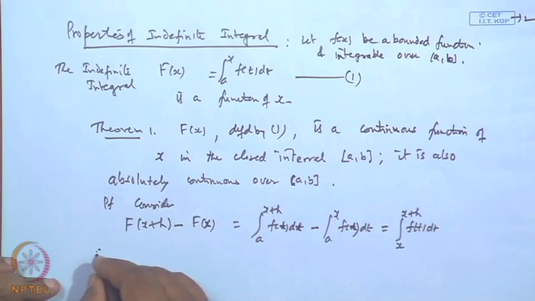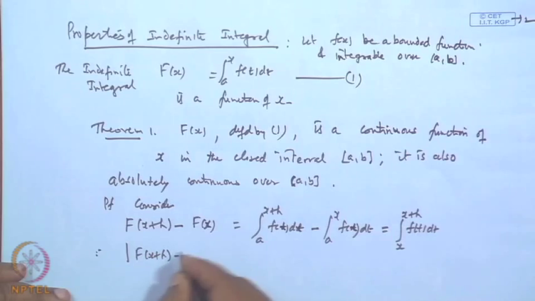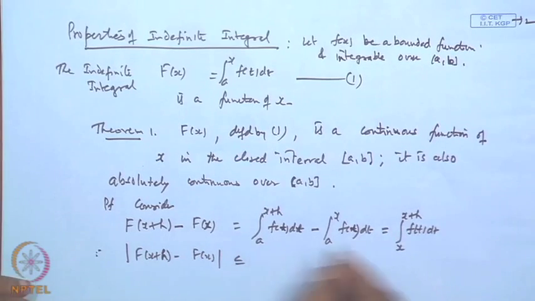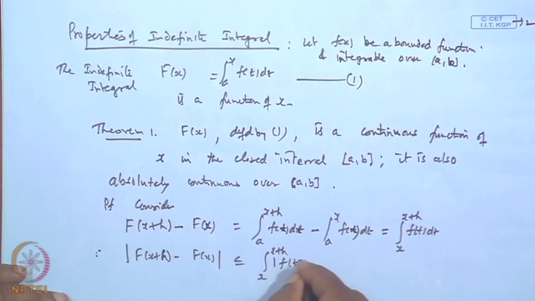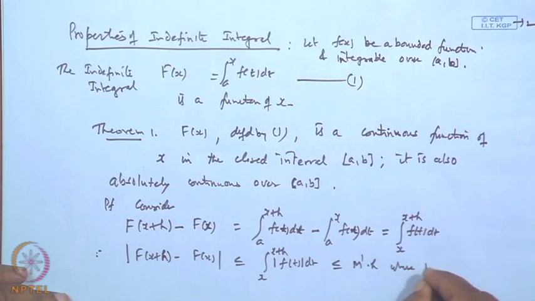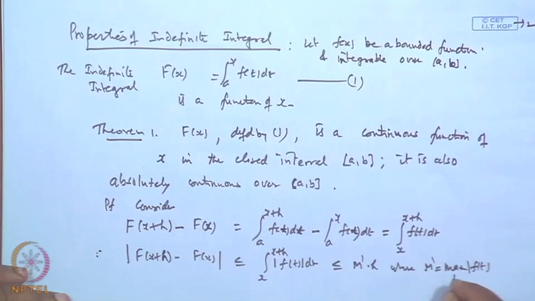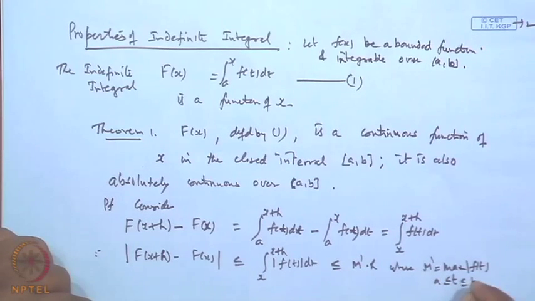So, the modulus of F(x+h) minus F(x) is less than or equal to the integral from x to x+h of the modulus of f(t) dt, which is less than or equal to M' into h, where M' is the maximum of |f(t)| over the interval [a, b].